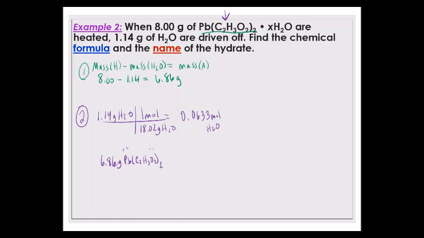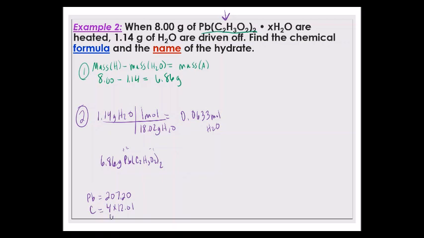Now we need our periodic table to find the molar mass. I don't know lead off the top of my head, so I have to actually look it up. It's 207.2. Wow, it's a big heavy metal. So lead is 207.2.